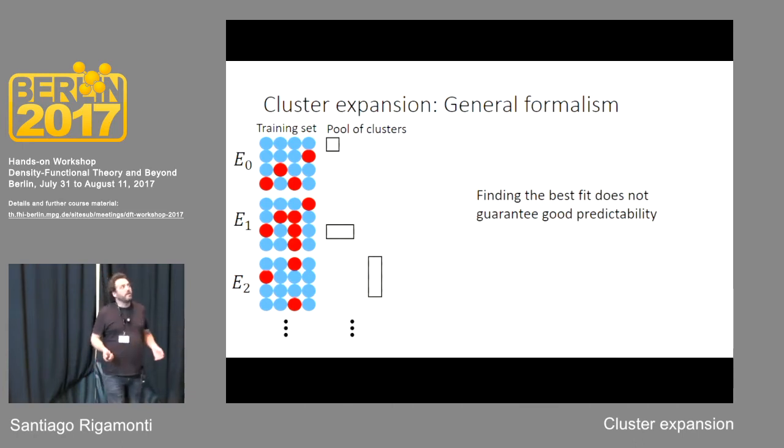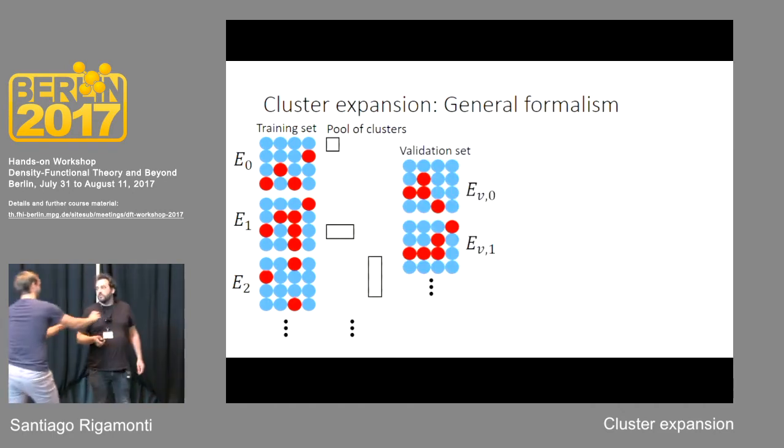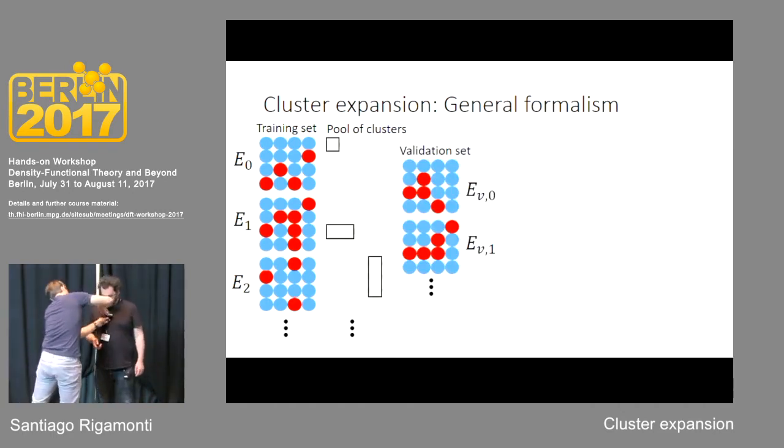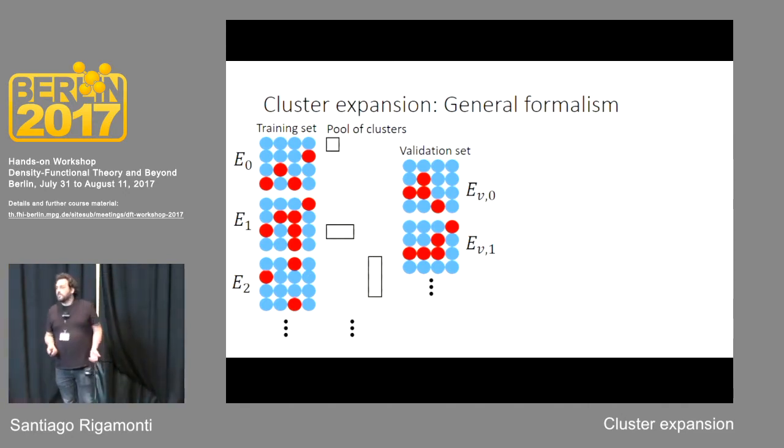However, so far we have concentrated on finding the best fit, but this does not guarantee that your model will be good for predictions of new materials. So in order to improve the model construction and make it better for predictions, you could build a validation set. So you add a few more structures that we call E validation 0, E validation 1.